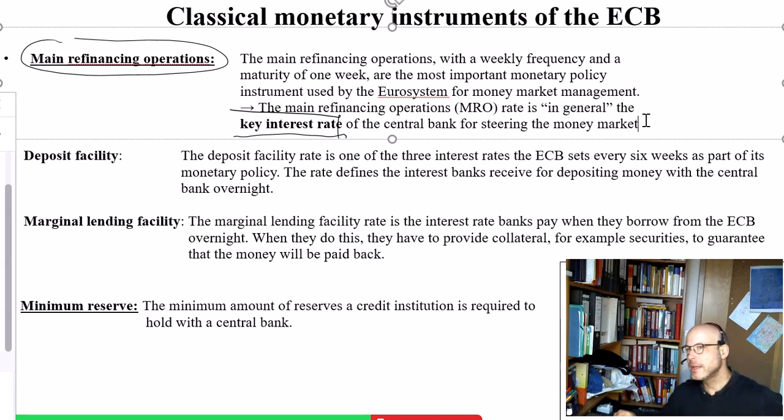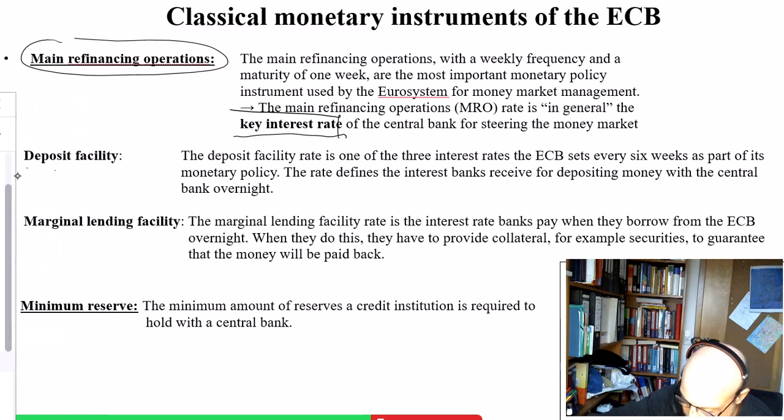Think about also in the aftermath of the financial crisis that we have a very unsecure situation, and maybe this we will have in the next years due to the polls in the United States and due to the insecureness because of the end of the coalition in Germany, that a commercial bank do not want to give away their money to another bank, then they always have the possibility to give their money for a lower interest rate compared to the main refinancing operation interest rate, to the key interest rate, to the central bank. And this is called the deposit facility.